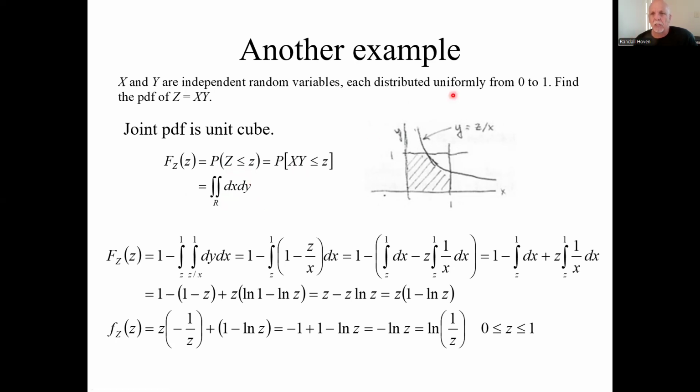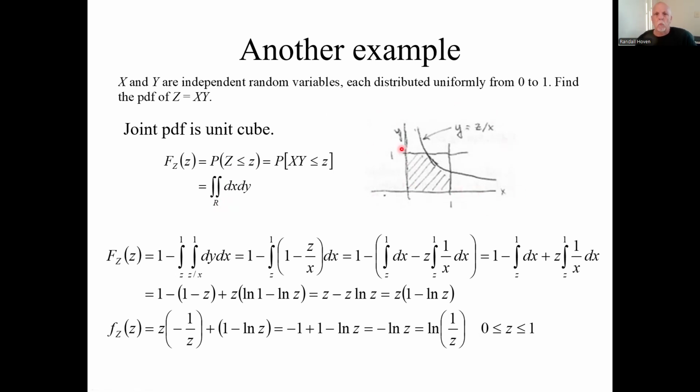It's the product of these two guys, so that's why it's a unit cube. So it's just 1 over the unit cube. So what is this region? Where is this true? Here's where a sketch helps.